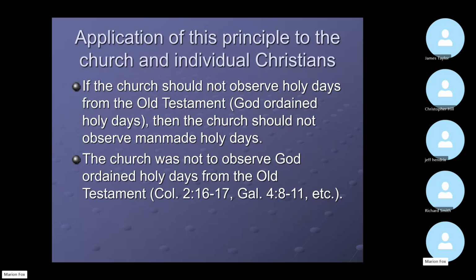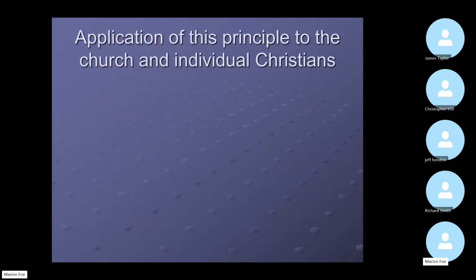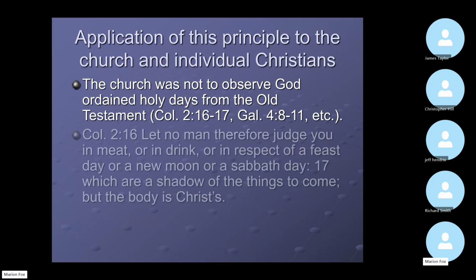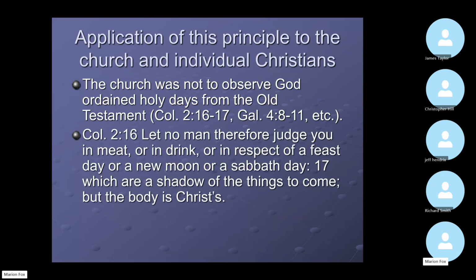We get this from Colossians 2:16 and 17, and Galatians 4:8 through 11. Therefore, it's not to observe man-made holy days, which are lesser. So the greater would be God-ordained holy days, the lesser would be man-ordained holy days.